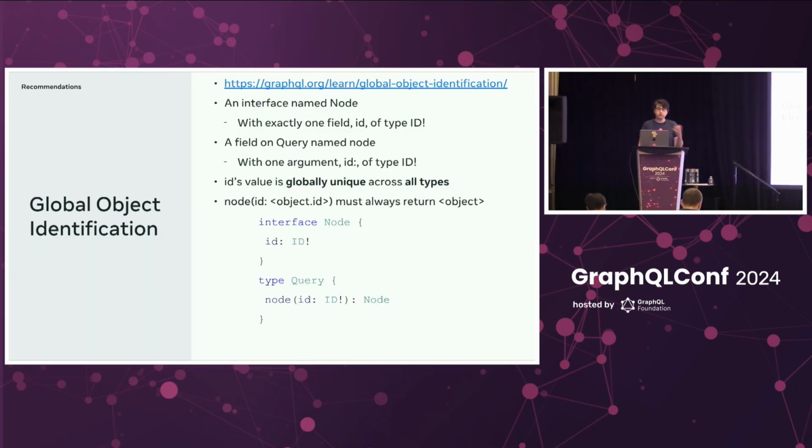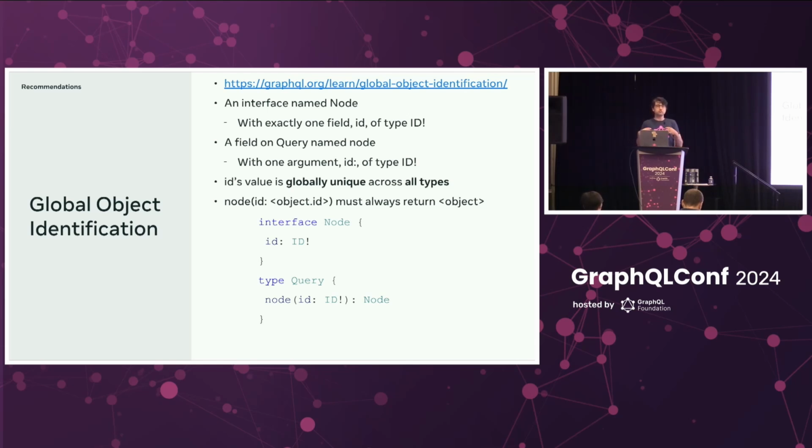The first of those that most people interact with, you may have seen it, is called the Global Object Identification Specification. It's part of the GraphQL specification as an addendum, basically, to the spec. It was originally called the Relay Node specification.